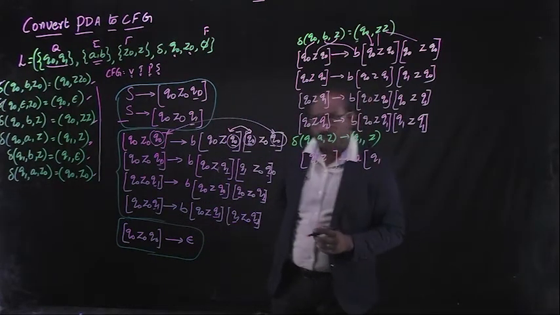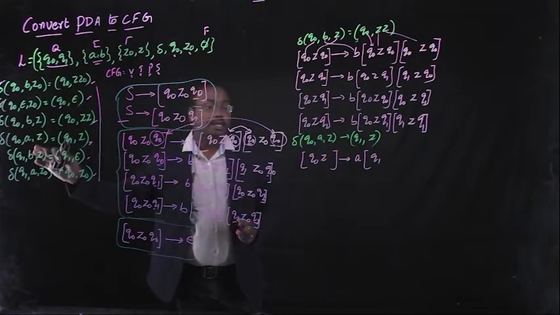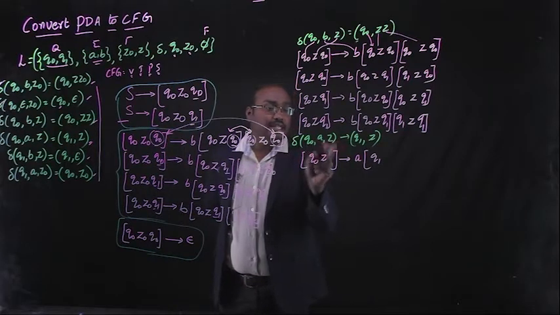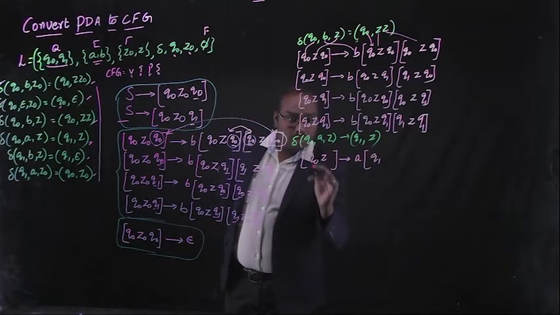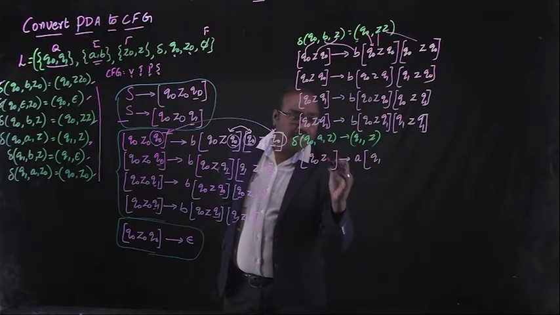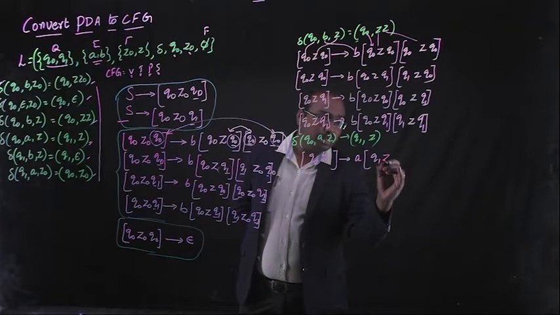Okay, then how to write production rule for this transition function? Q naught A Z naught Z tends to Q1 Z. So first state Q naught, stack symbol Z tends to input symbol A, Q1 Z.